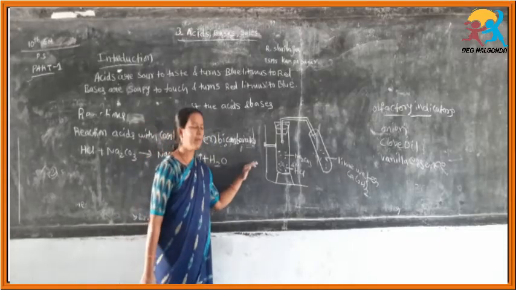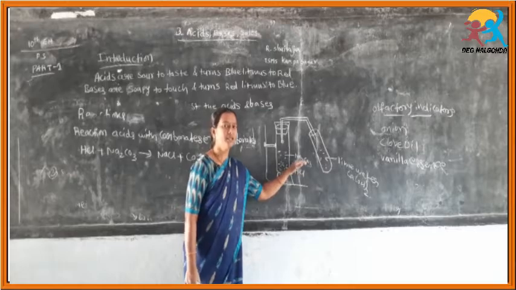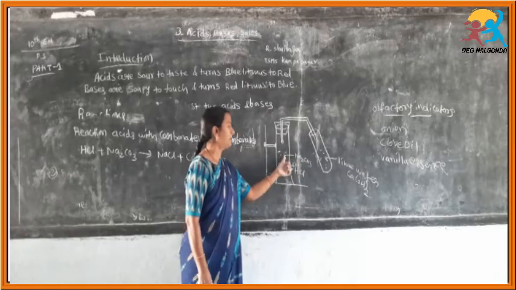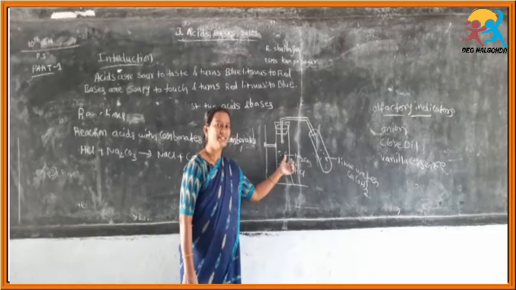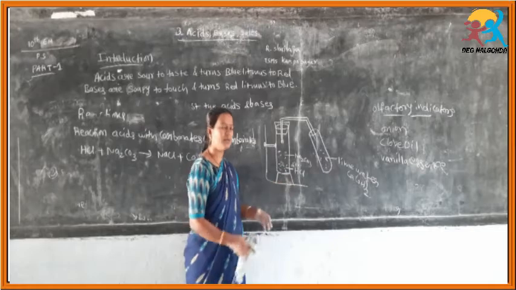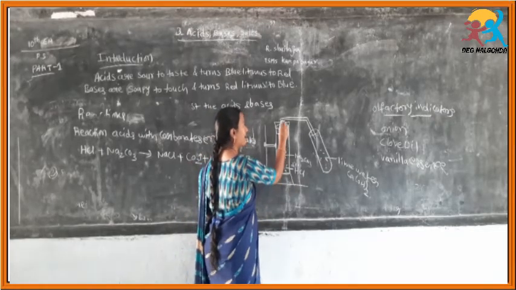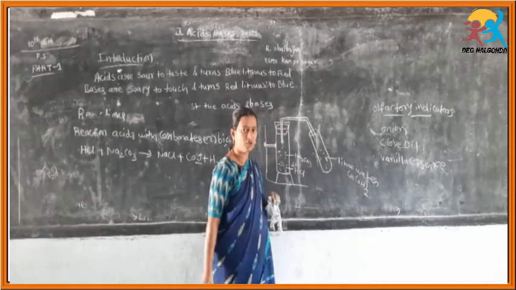What happens in this reaction? The acid reacts with the carbonate: dilute HCl reacts with sodium carbonate, and sodium chloride solution is formed and carbon dioxide gas is released. That carbon dioxide gas is passed through the delivery tube and enters the lime water.